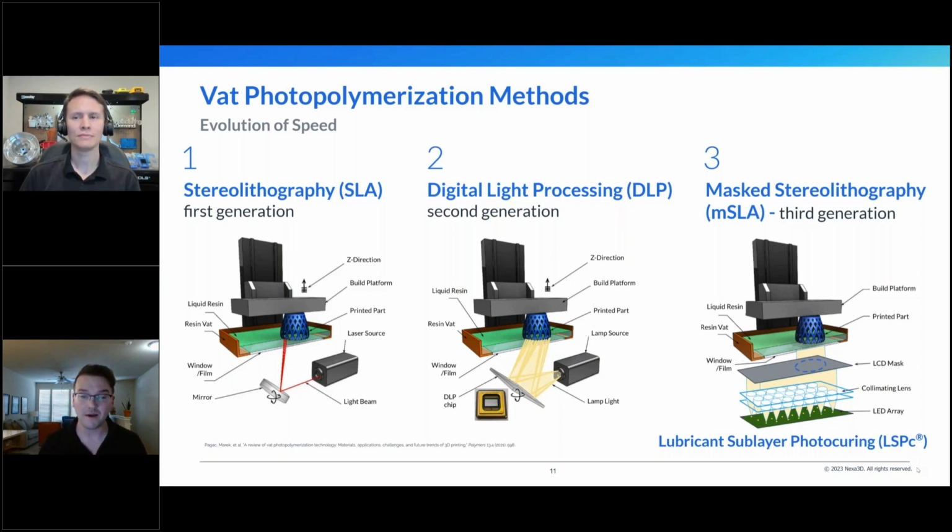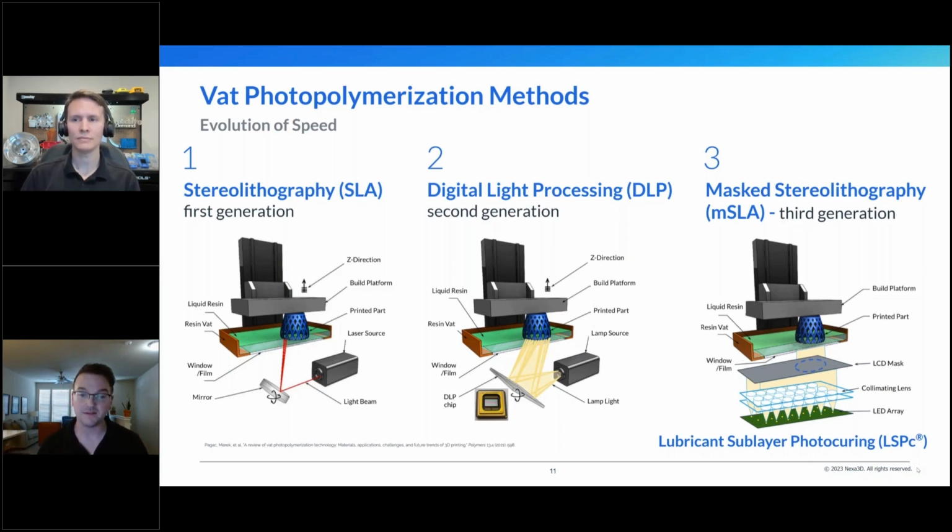Now, where it really revolutionized things was transitioning from that single point where you're drawing each vector and taking all that time to projecting the entire layer all at once, utilizing DLP projection technology that you've seen in probably things like old DLP TVs or at the movies with IMAX and things like that.